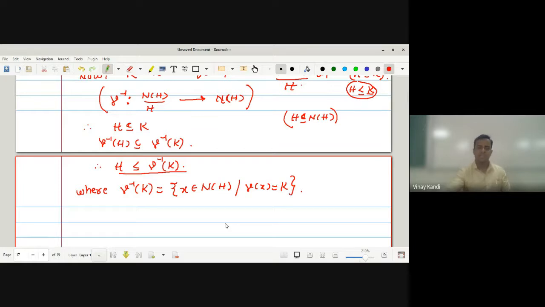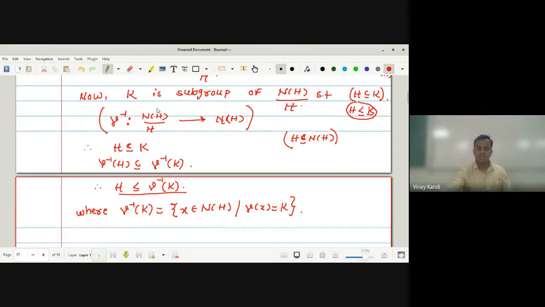How will the set gamma inverse of K be? This K is a subgroup of N of H upon H. Its mapping comes in N of H. That is, the gamma inverse of H mapping, where will gamma inverse K be? X belongs to N of H, it will be a subgroup of that. Okay, so gamma inverse of K is a subgroup of N of H, so X belongs to N of H such that gamma of X is equal to K. Any doubt? No, sir.